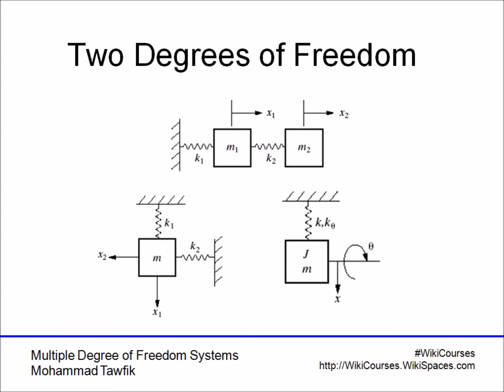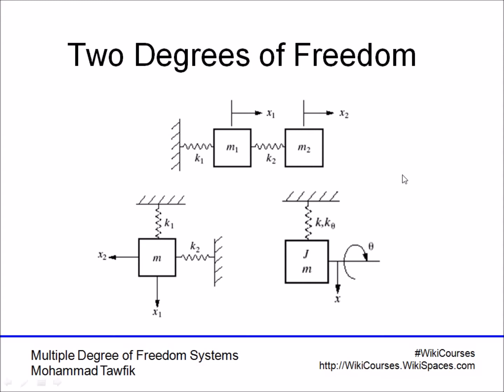Maybe we can use the most simple system, which is a mass spring system like this one, moving linearly, or maybe it can be a mass moving in a plane. So the coordinates of the mass will be x1 and x2, or x and y, or maybe a pendulum, or a mass spring system again, but that is spinning while it is moving in a linear direction as well.